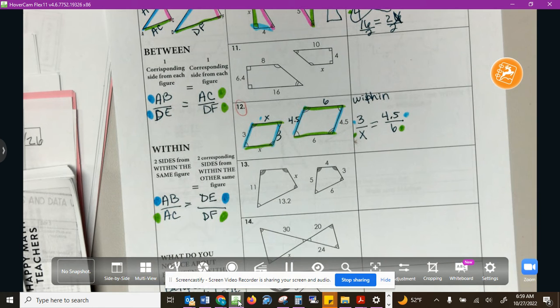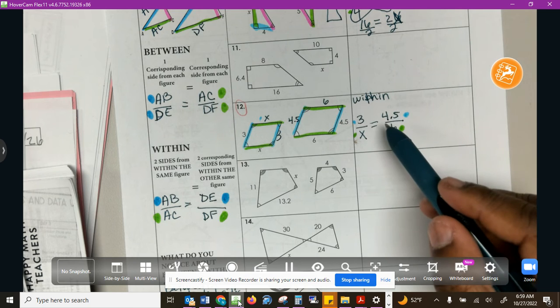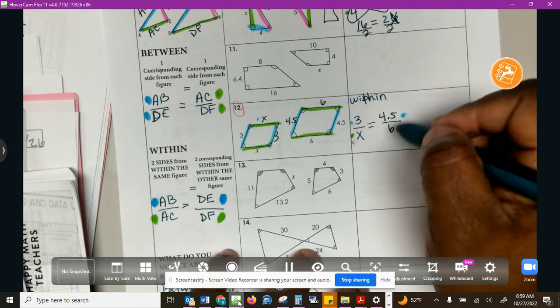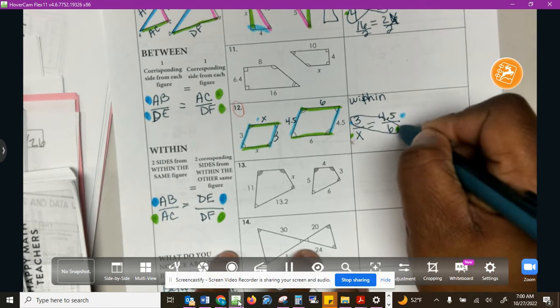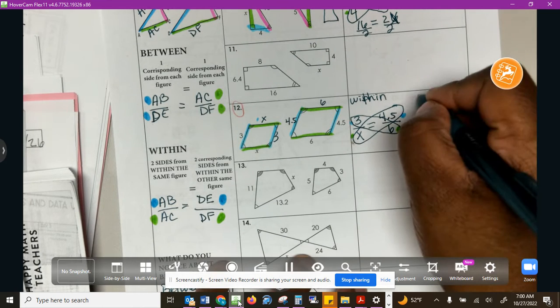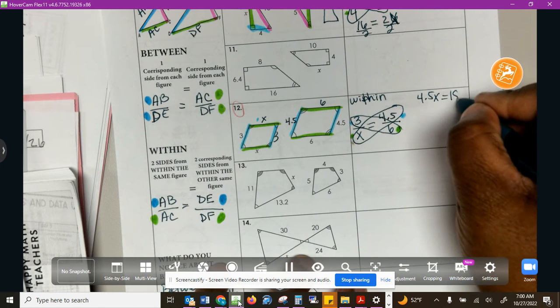And now we can solve this by whichever method you desire, because this is a between. So I can cross multiply or I can scale. This is a cross multiply, definitely. So 4.5x is equal to, what's that, 18?